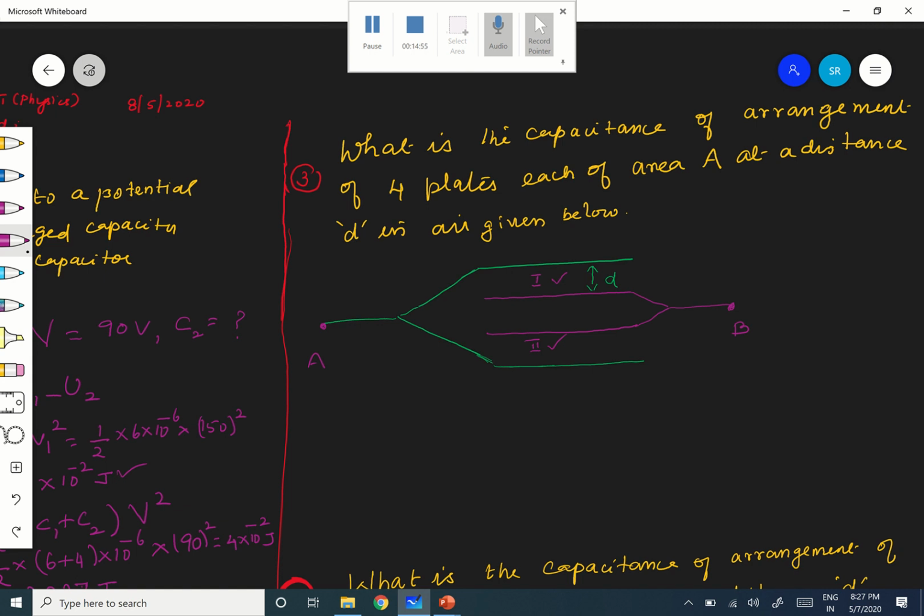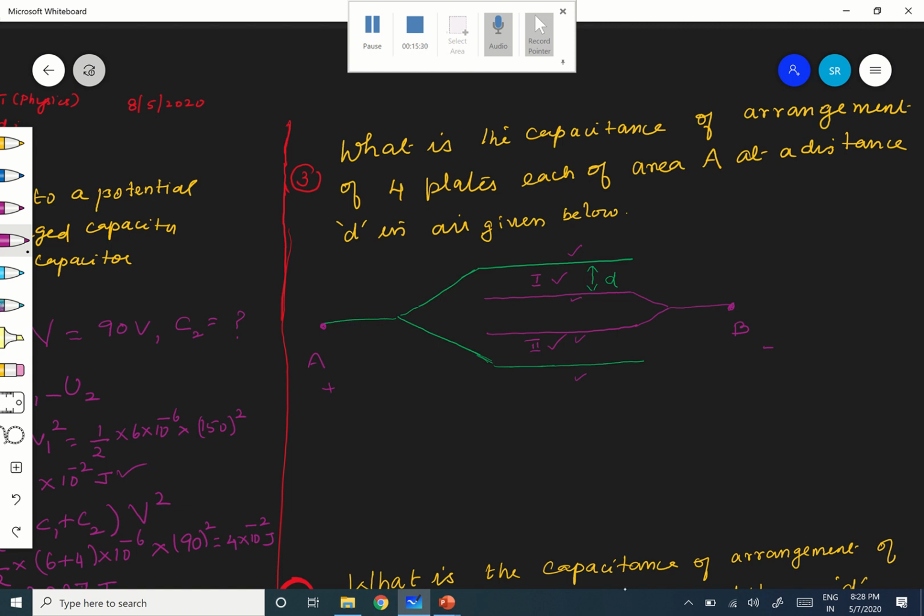If you consider this one as positive and this as negative, for example, the first capacitor has a green upper plate and a pink lower plate, and the second capacitor has a pink upper plate and a green lower plate. One plate from each capacitor is connected.